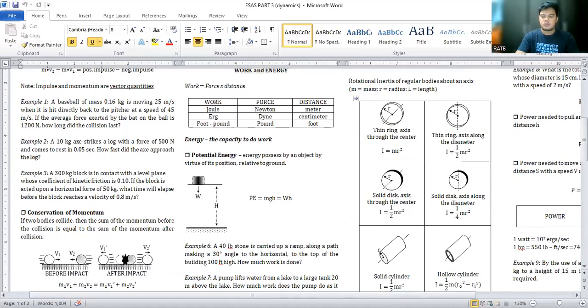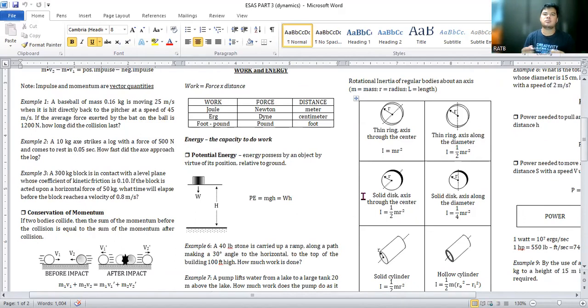Okay, so the next topic would be about conservation of momentum. If we have two bodies which collide, the sum of the momentum before the collision is equal to the sum of the momentum after the collision. So that is the conservation.